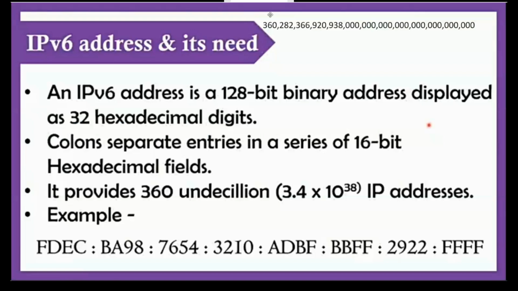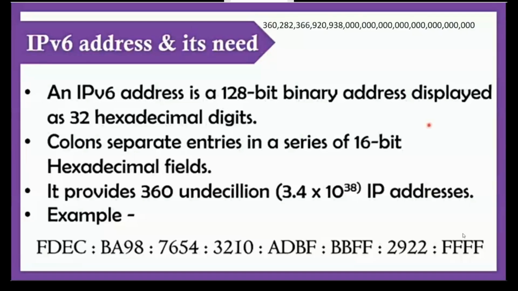So here, the first thing is that an IP version 6 address is a 128-bit binary address. IP version 4 has only 32 bits, but here it is 128. So 128 bits means how many hosts can we connect? 2 power 128, that many hosts we can connect.